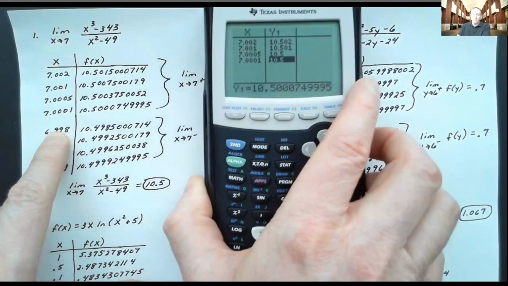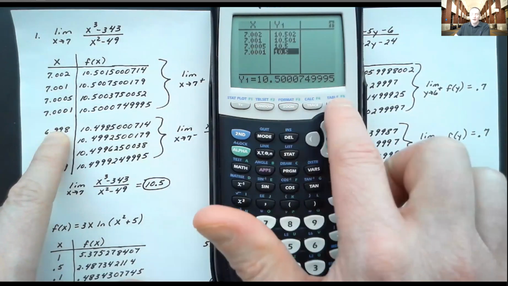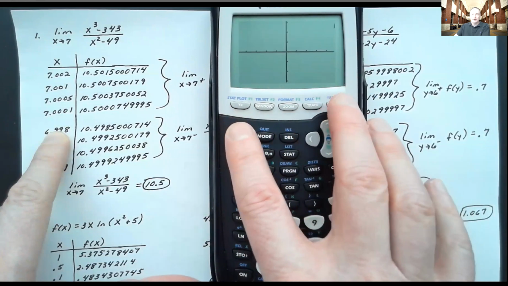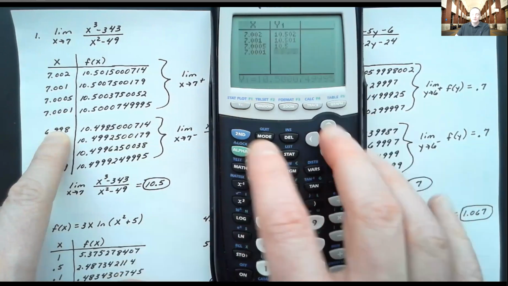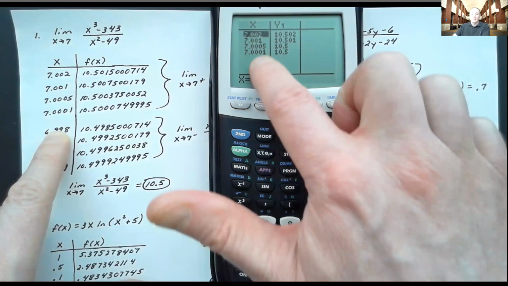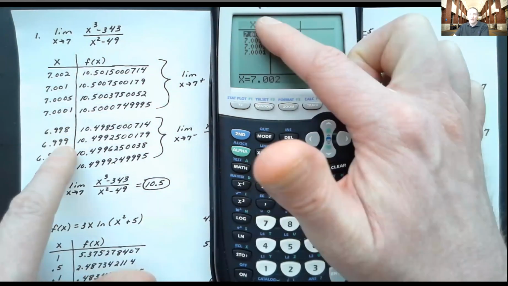I'll go ahead and show you on the calculator here. On the calculator, I'm already on the table, so second table. Don't want to see the graph. Go away, graph. Go back to the table, and I'll go over to the x values. On my calculator, I don't have enough resolution to enter all of these x values.